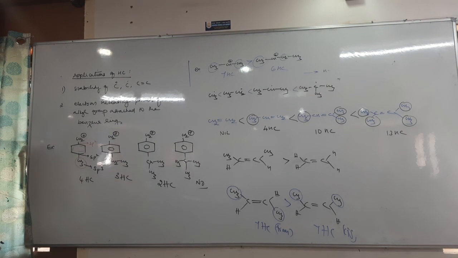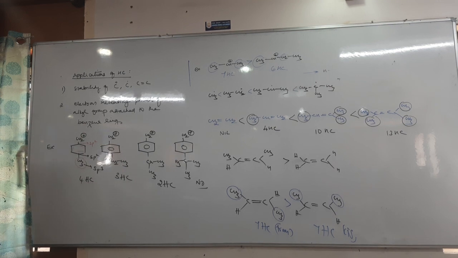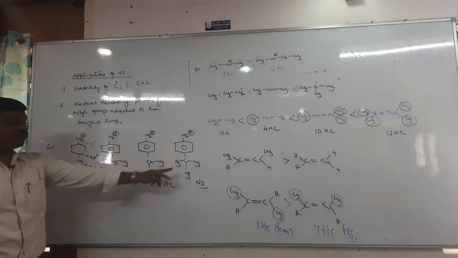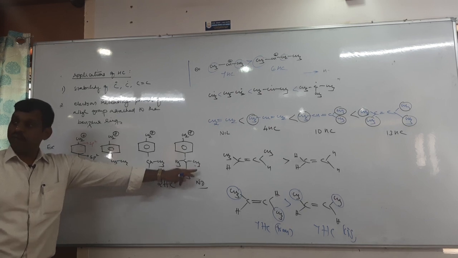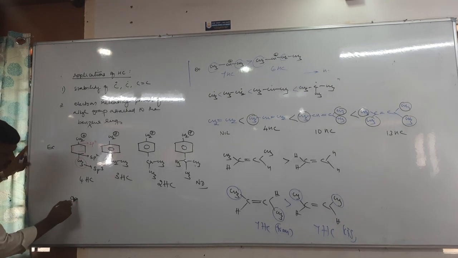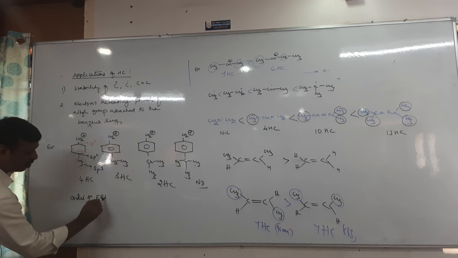Now the question is, which of the following alkyl groups is more electron releasing? When you consider the inductive effect, this becomes more, right? But when you consider hyperconjugation, this becomes more.